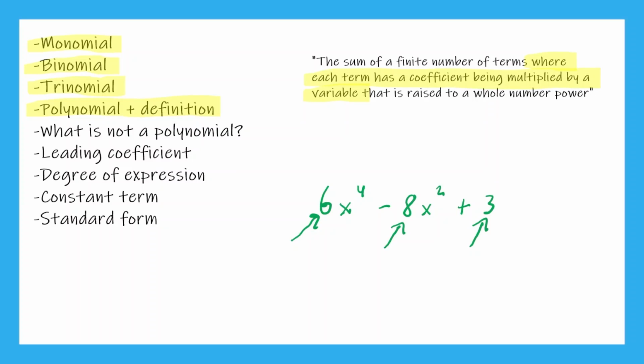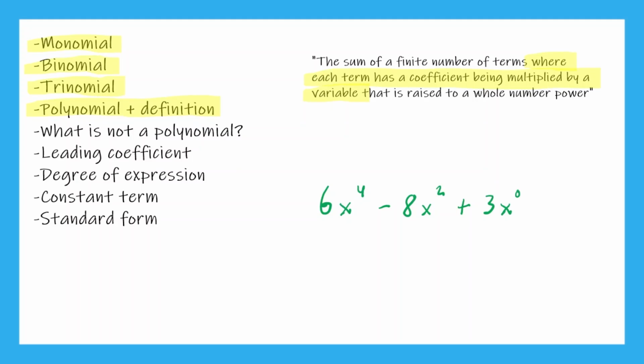Okay, and it says that the coefficient is being multiplied by a variable. Okay, so the variable here we have is x, here we have x. Now, what's the variable right here? Well, some of you would maybe say there's no variable, but watch this. One way you can think about this is the following. So you could say 3 times x to the power of 0.